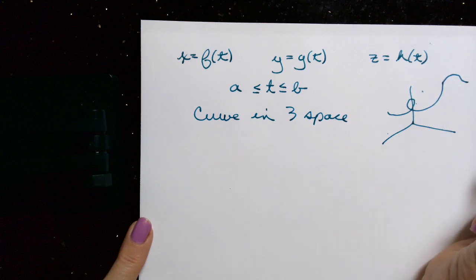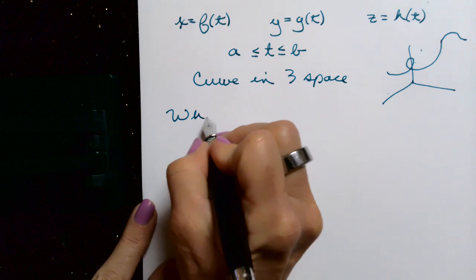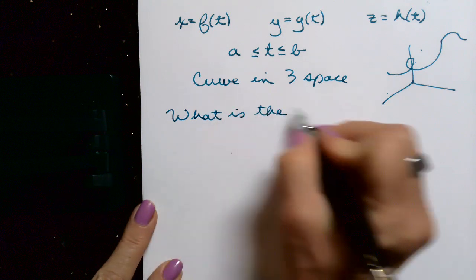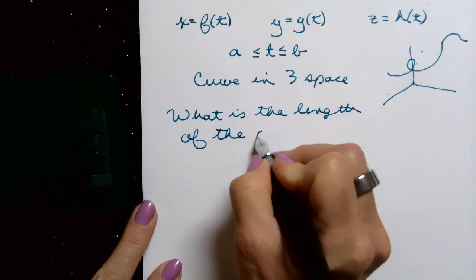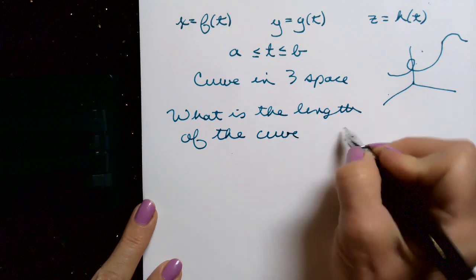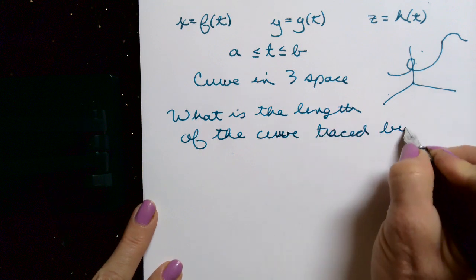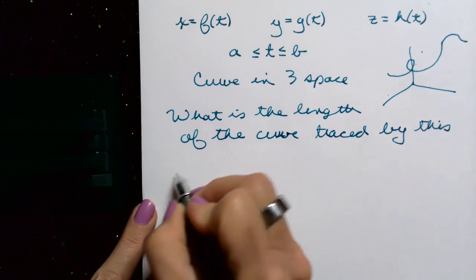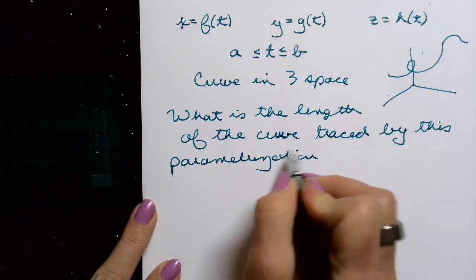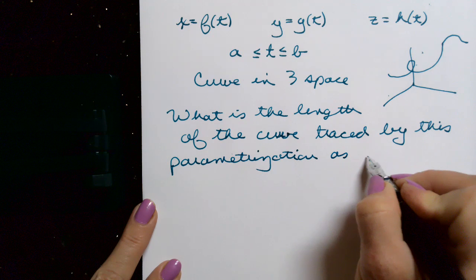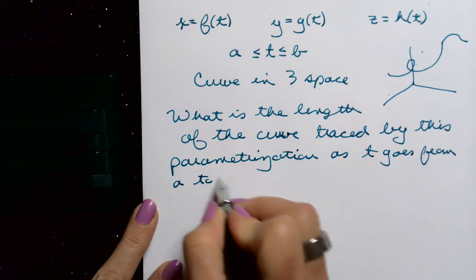Now we're going to ask, what is the length of the curve traced by this parameterization as t goes from a to b.